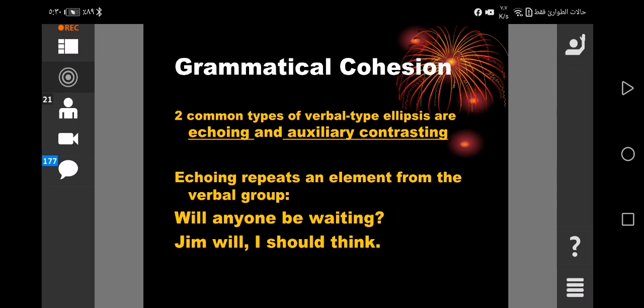Will anyone be waiting? Jim will, I should think. Jim will be waiting, yes. And notice that will does not change. This is an example of echoing.